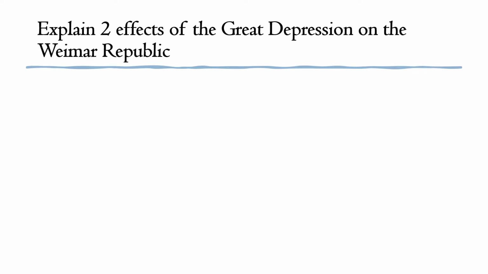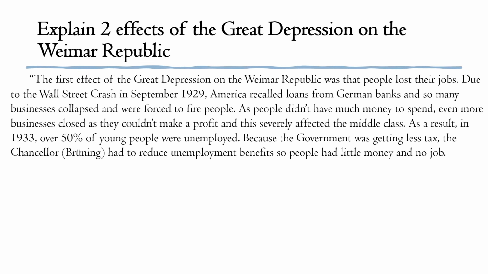So here we are: explain two effects of the Great Depression on the Weimar Republic. The first effect of the Great Depression on the Weimar Republic was that people lost their jobs. Due to the Wall Street crash in September of 1929, America recalled loans from German banks, and so many businesses collapsed and were forced to fire people.